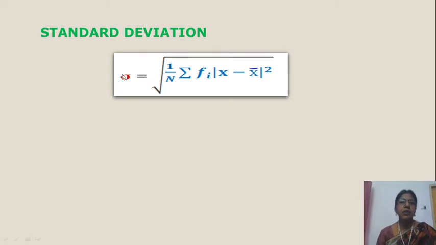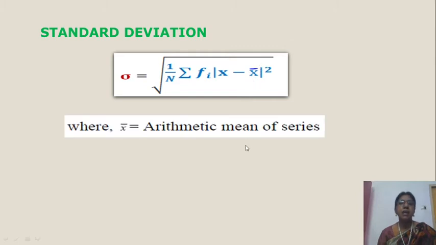See the first formula. Sigma is equal to root of 1 by n sigma fi (xi minus x bar) square. Here xi are the given observations, and x bar is the mean of the xi values. X bar is the arithmetic mean of the series.